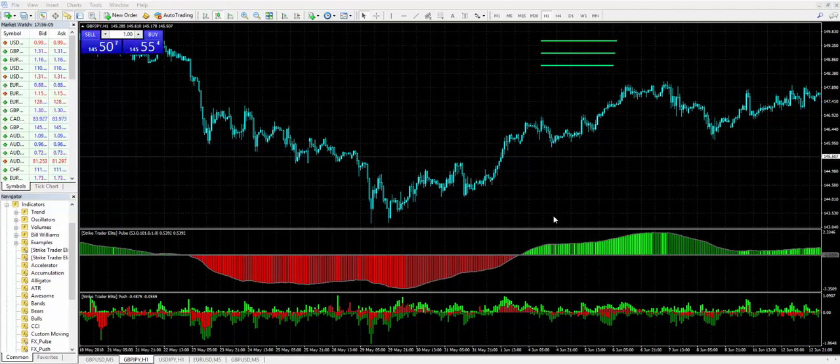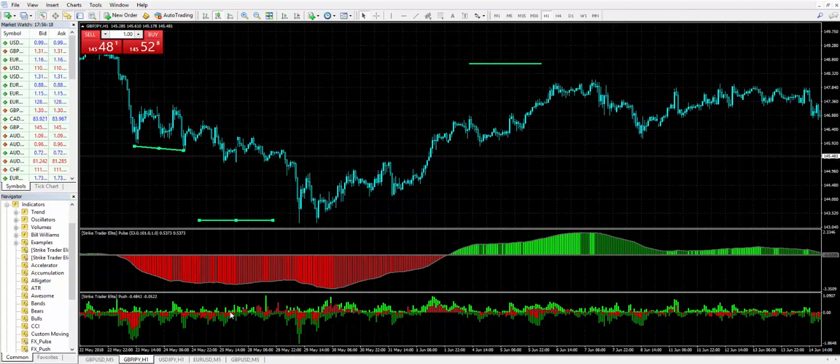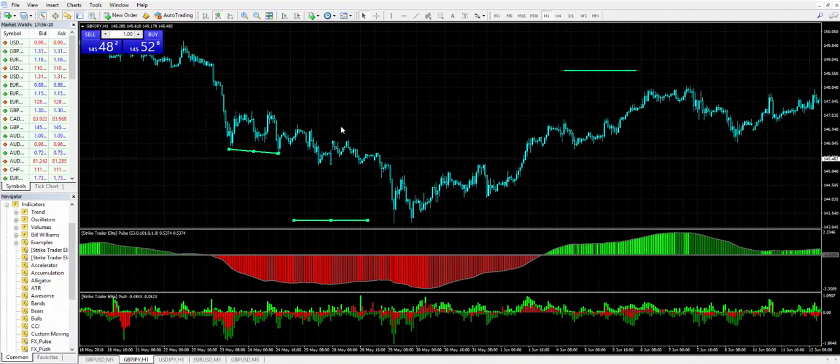On a higher time frame chart, I can see that in this press lower of price, the intensity of the downside price momentum was starting to dissipate in this area of price.